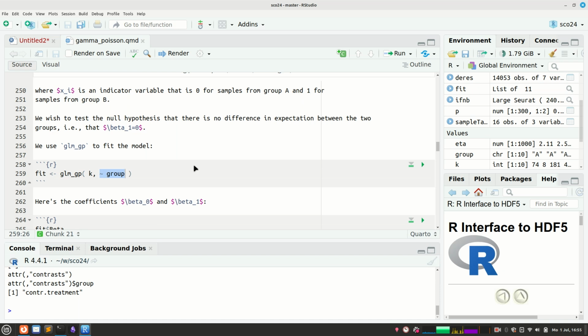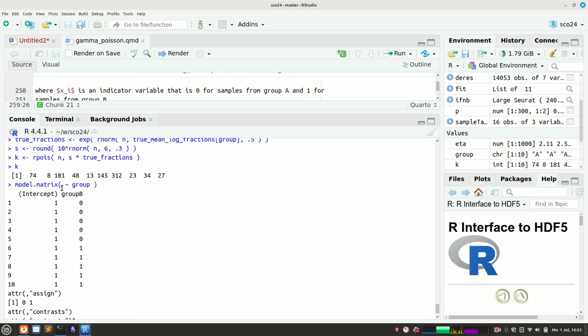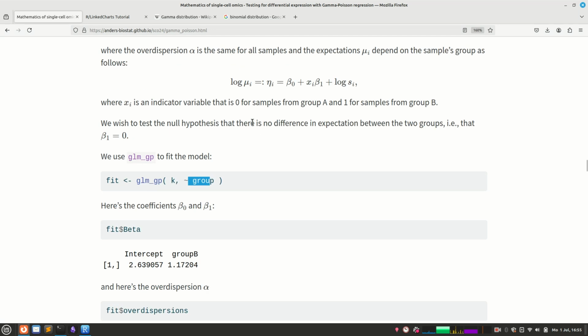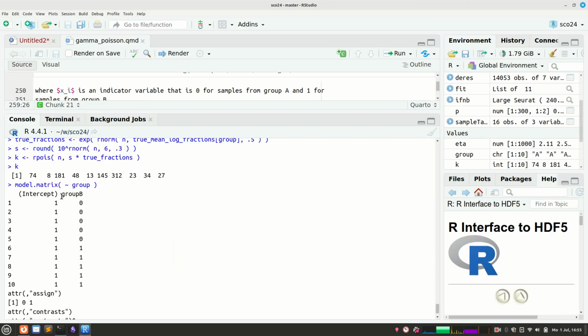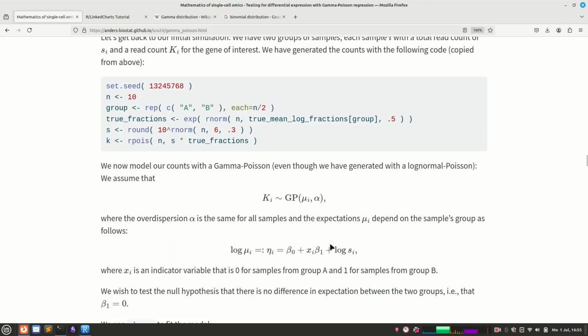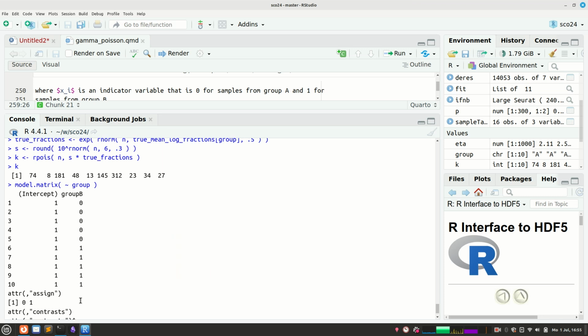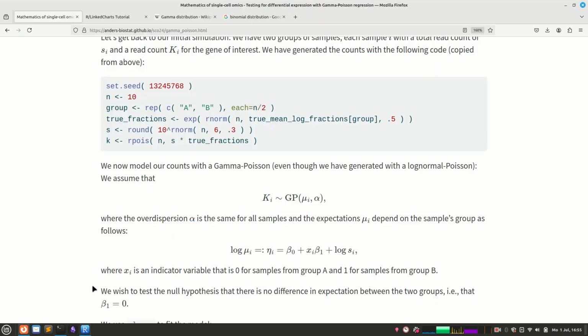Whenever you give R such a formula, R internally calls this model.matrix function, which then gives us two columns of coefficients for this logarithm here. The first coefficient is always included, that's why I get a column of ones, and the second is only included for the second 5 samples, that's why I get 0 here and 1 here. So this column here is this x_i, and the first column is the 1 which is sort of hidden here.